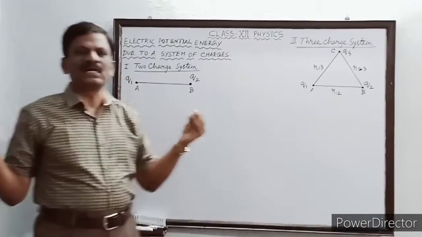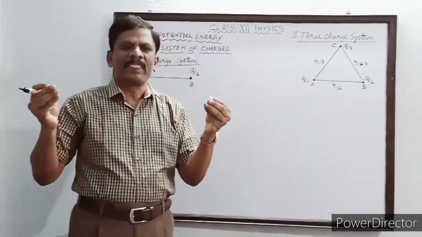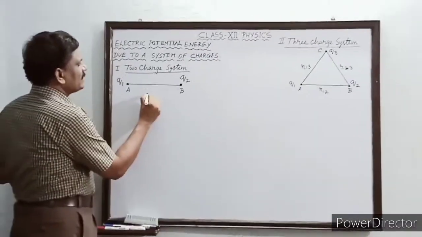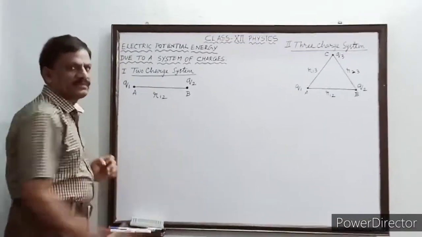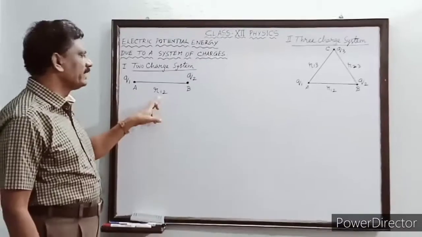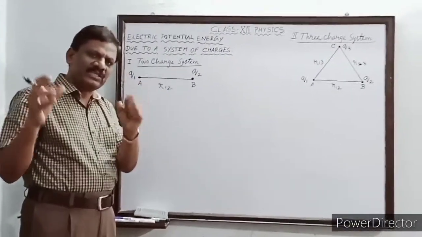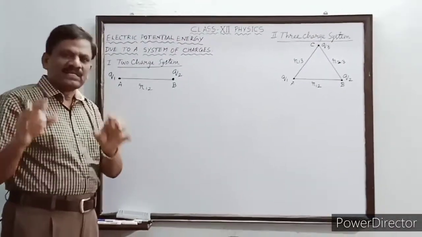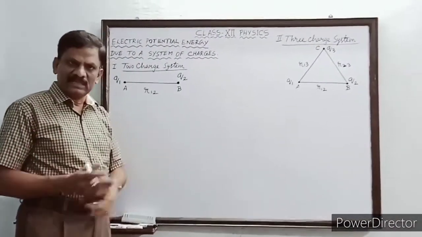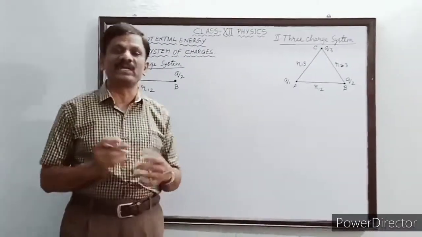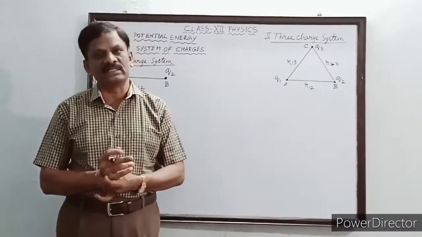That means these two charges are brought from somewhere and they are kept separated at a distance R12. The distance between Q1 and Q2 is equal to what? R12. So to make this configuration as a two charge system, how much work is done? That is stored as the electrostatic potential energy or the electric potential energy of the system of two charges.